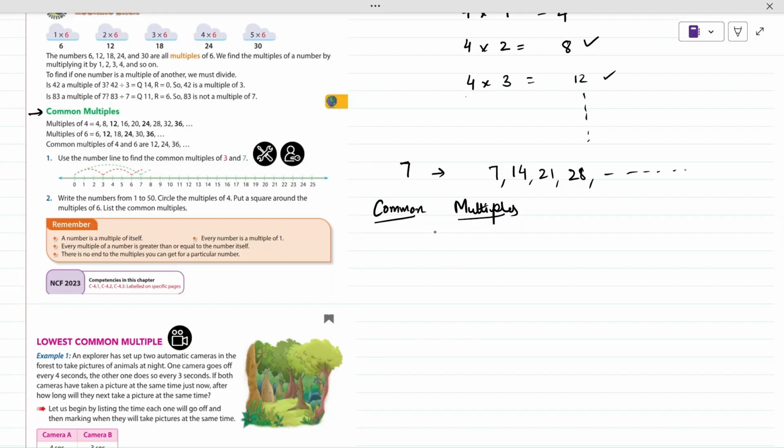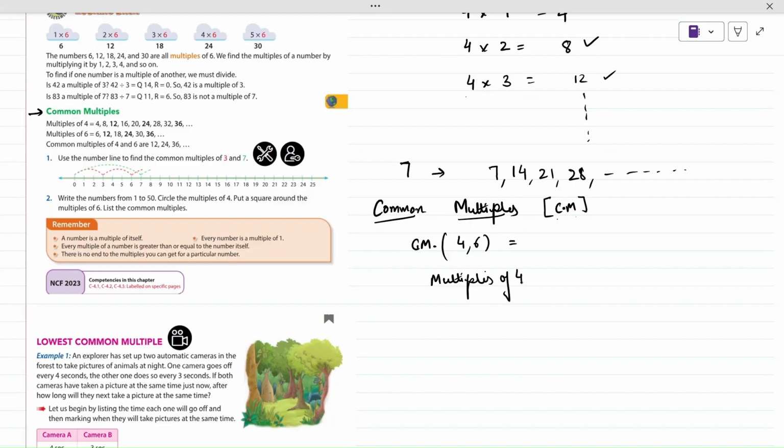Let's try to do the same question. Common multiples, I am denoting this with CM. We have to find the common multiples of 4 and 6. For that, let us find the multiples of 4 first.